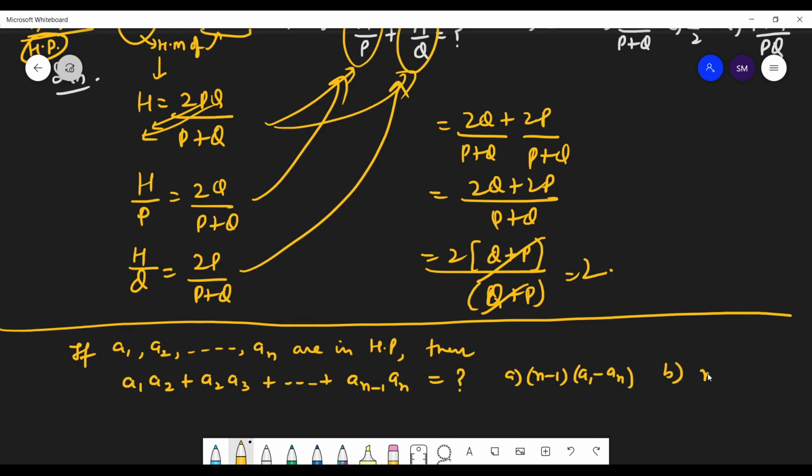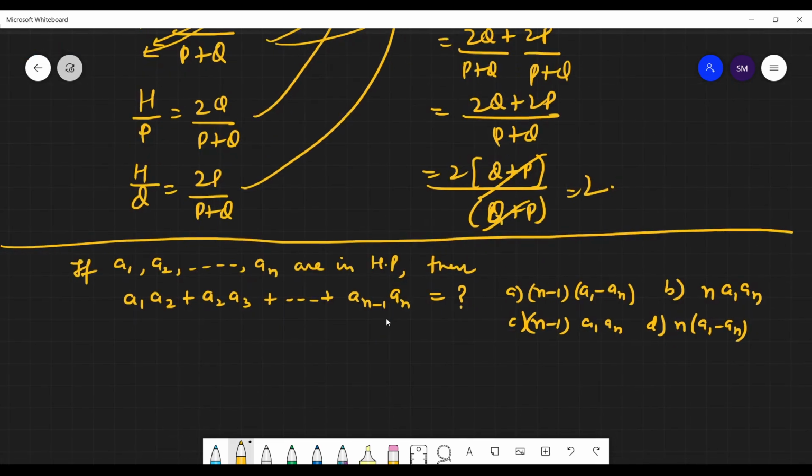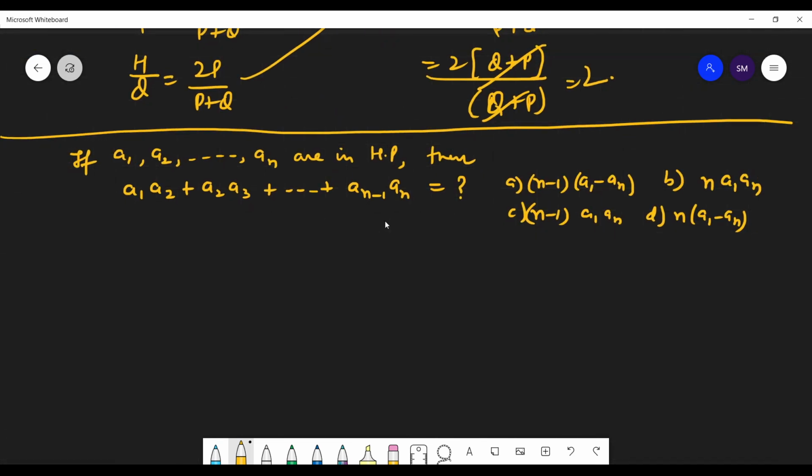Option B, n into A1 into AN. Option C, n minus 1 into A1 into AN. Option D, n into A1 minus AN. So you will have the answer in n, A1 and AN. Okay.